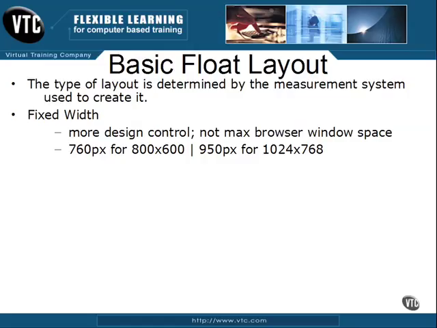Now, of course, on the flip side, it's going to allow us to have a bit more design control by limiting how much space our document is going to take up in terms of width. So you see here we have 2 designated target widths depending on what browser size we're targeting. We have 760 pixels and then we have 950 pixels.